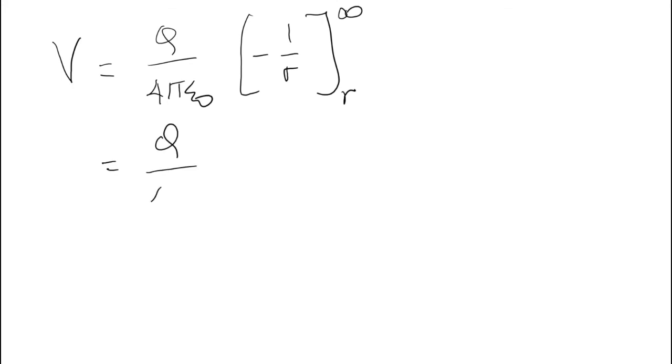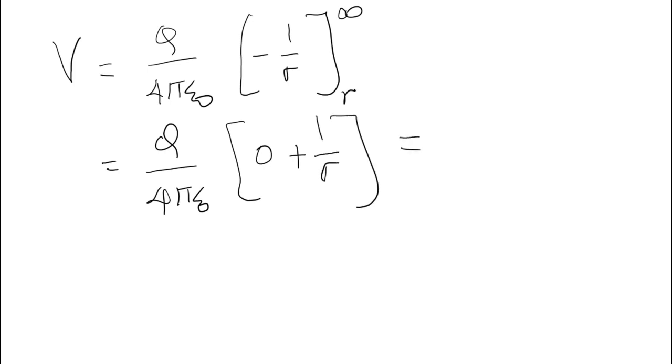This will be just Q over 4 pi epsilon 0, times 1 over infinity, which is 0, and negative 1 over r will be just plus 1 over r. It will be just Q over 4 pi epsilon 0 r.